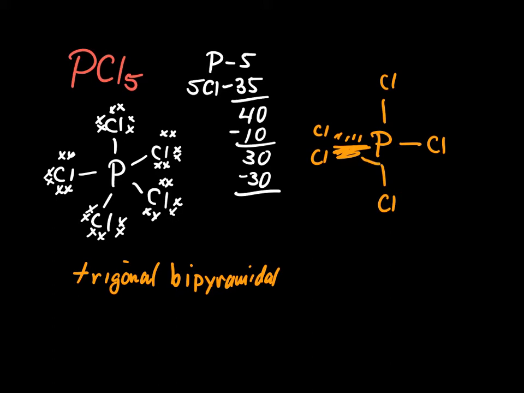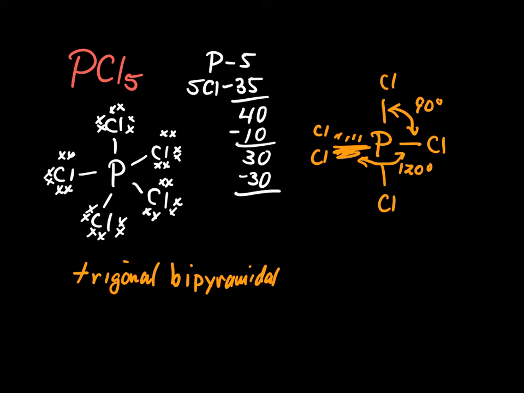So the bond angle between these chlorines is 120 degrees, and the bond angle between these chlorine-phosphorus bonds is 90 degrees. So that is the trigonal bipyramidal geometry.